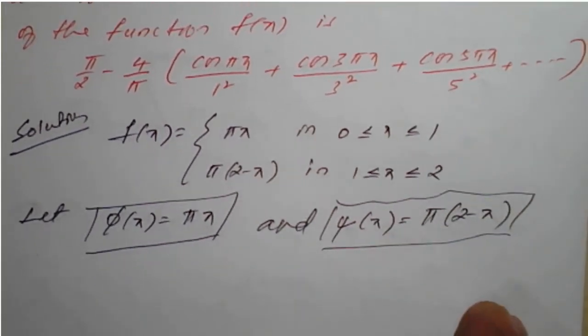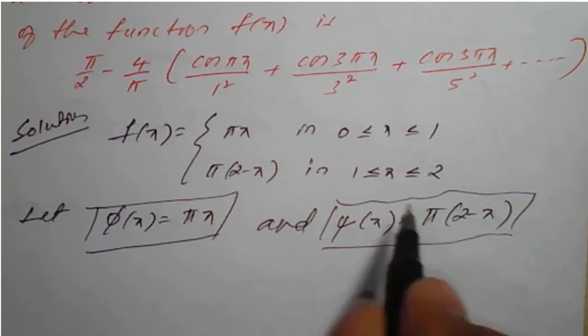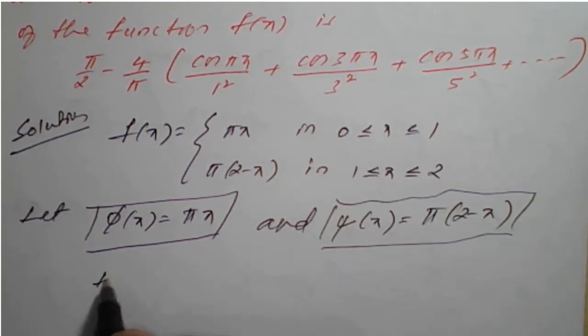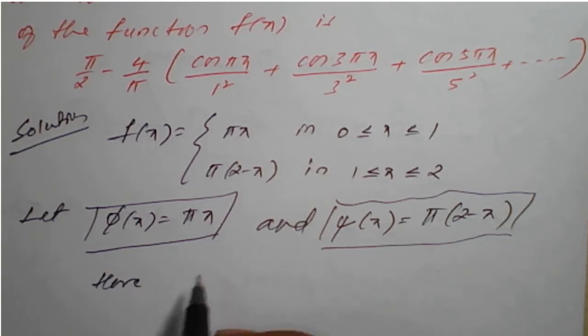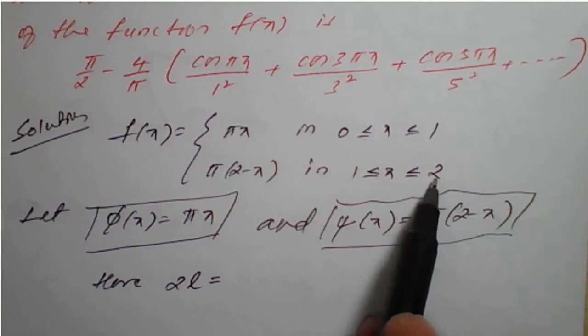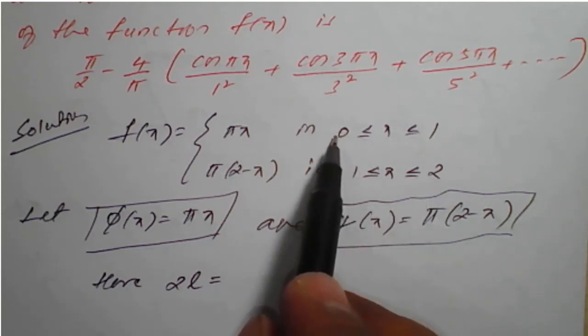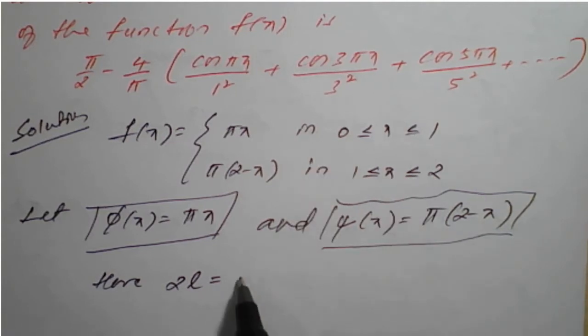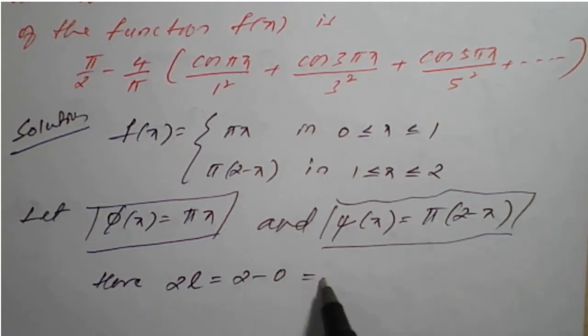Now we'll test for even and odd. So the interval is 0 to 2. So first here we'll check for the value of L. So interval 2L is equal to, this is the lower limit and this is the upper limit. So upper minus lower, that is 2 minus 0, is nothing but 2.